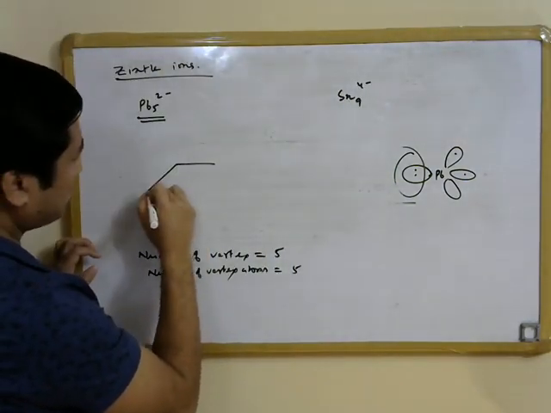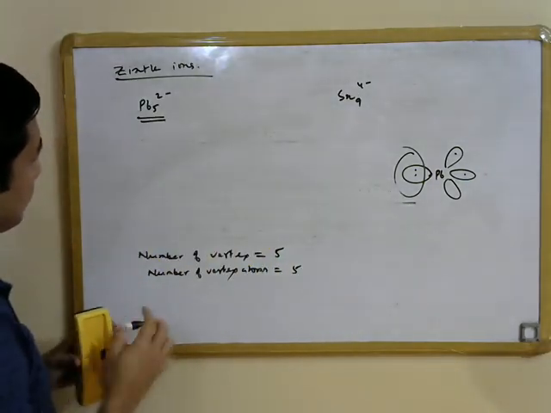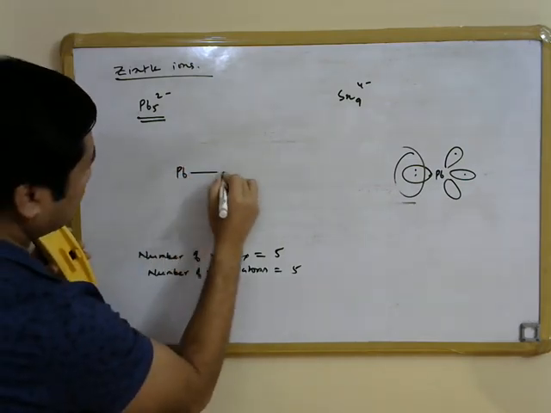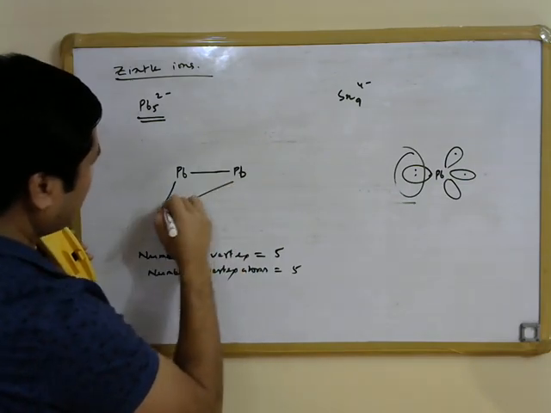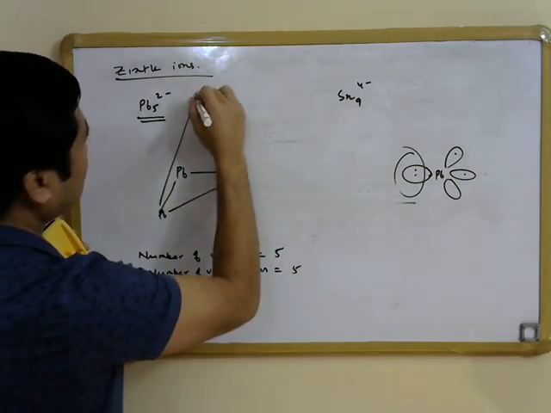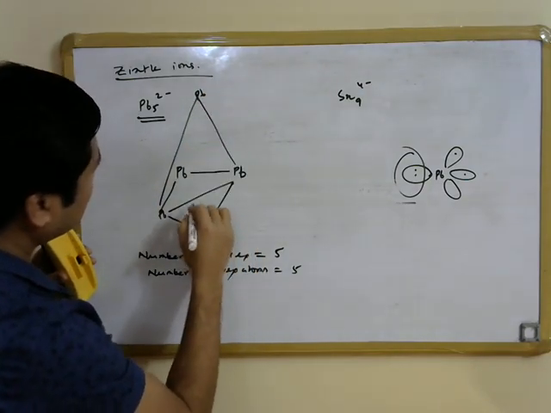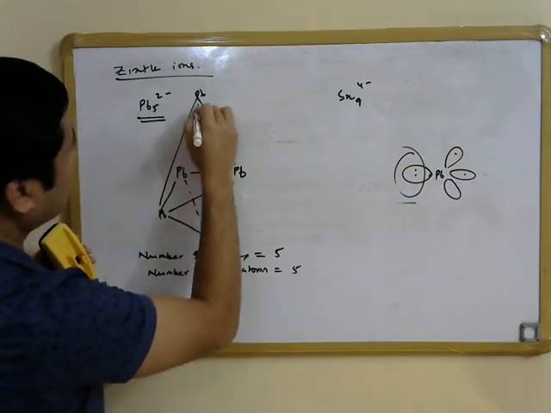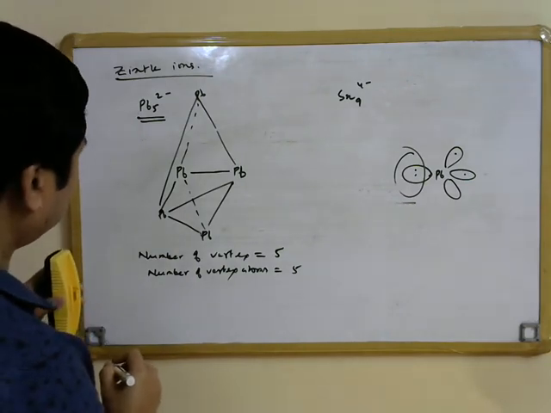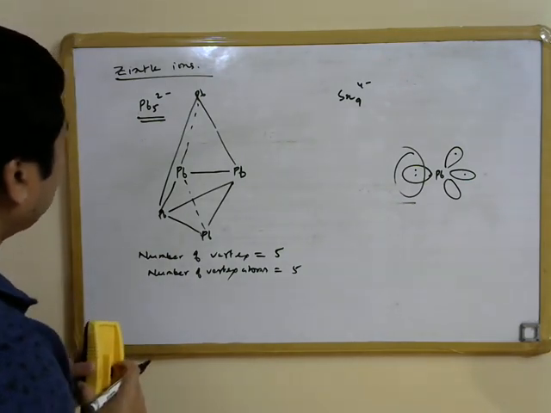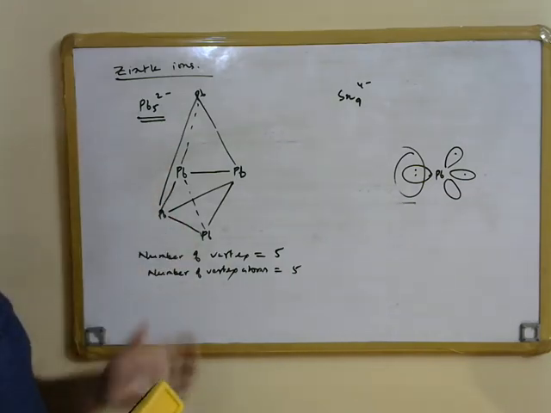So that is the structure of this Zintl ion, that is Pb5 2 negative.